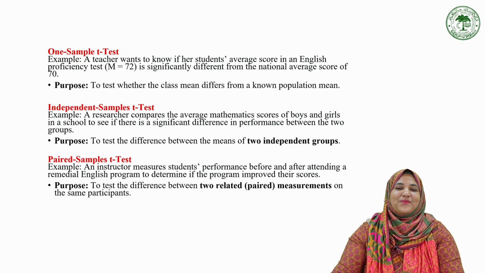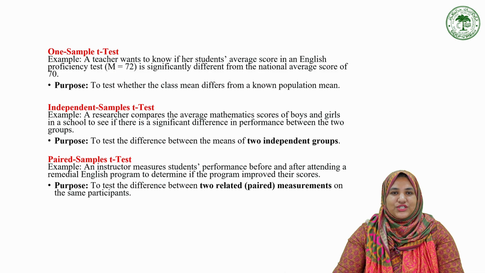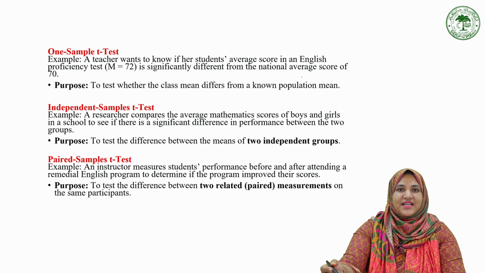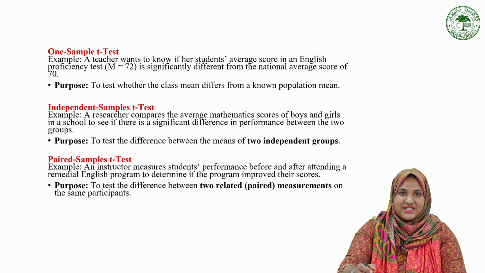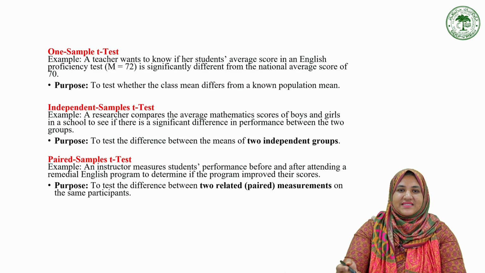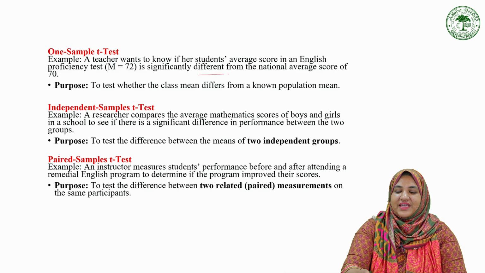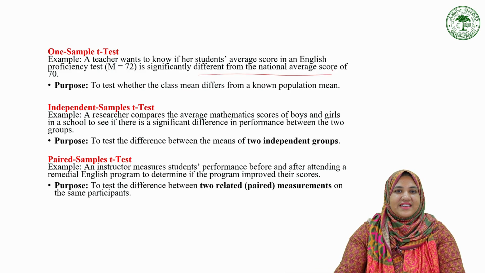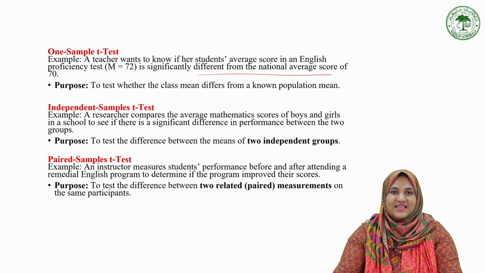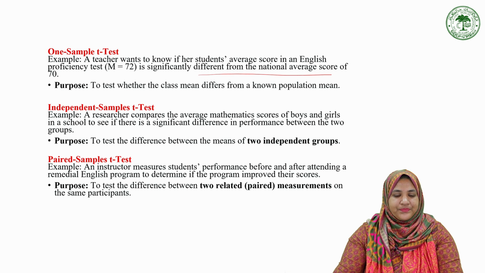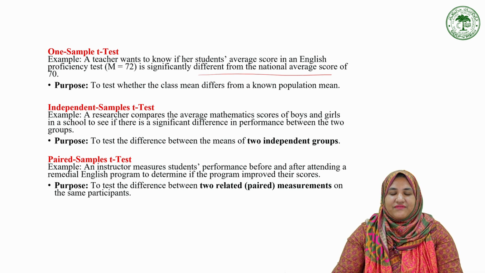Don't worry. One sample t-test, isn't it? For example, a teacher wants to know if her students' average score in an English proficiency test is significantly different from the national average score. The national average score is 70, and the question is whether the students' average proficiency score in English is significantly different from 70.